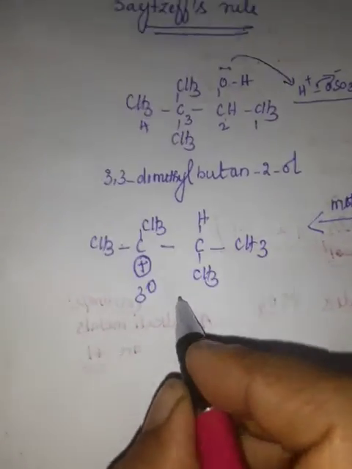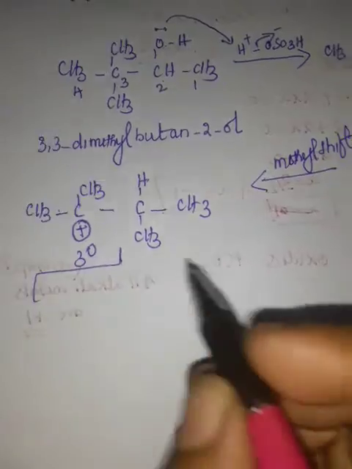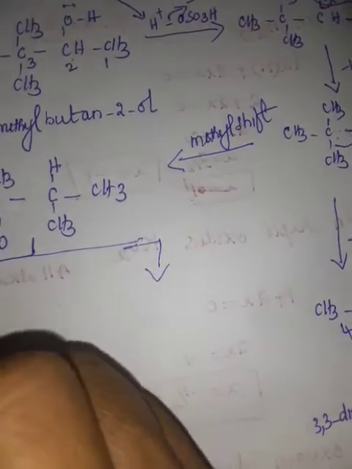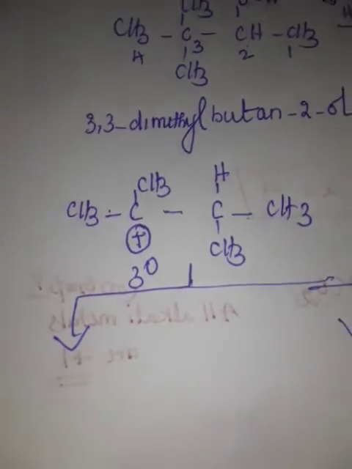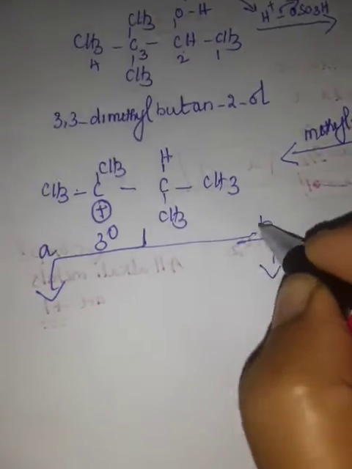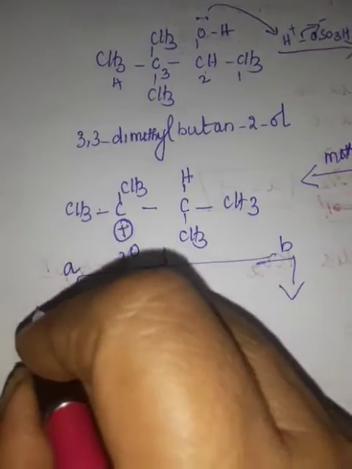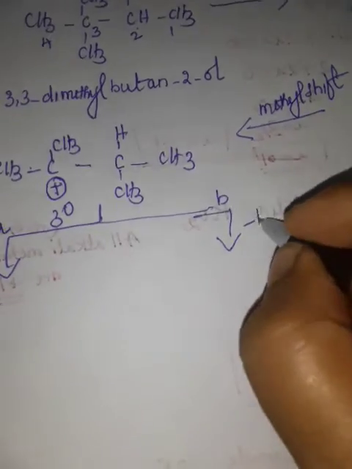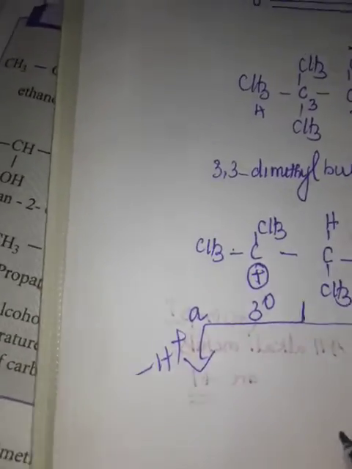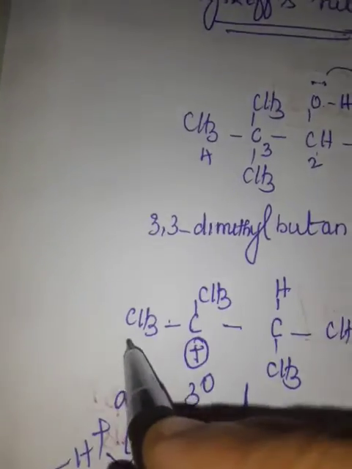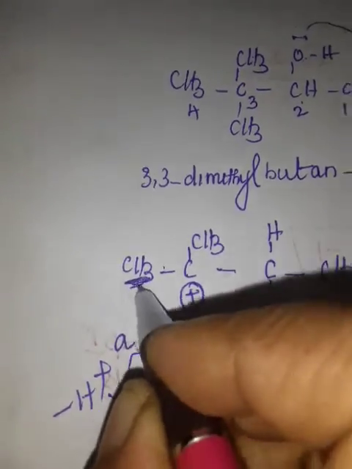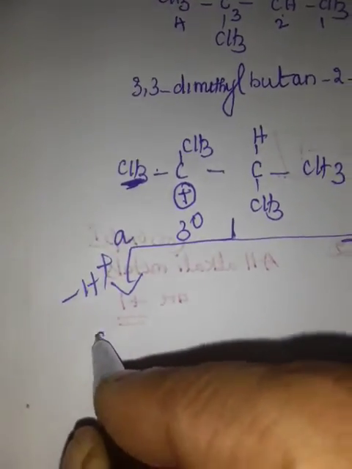Here 2 types of elimination are possible. The first one is A type, the second one is B type. In the A type, also minus H plus, here also minus H plus, elimination of hydrogen. In the A type, from this carbon one hydrogen is removed. So what happens?